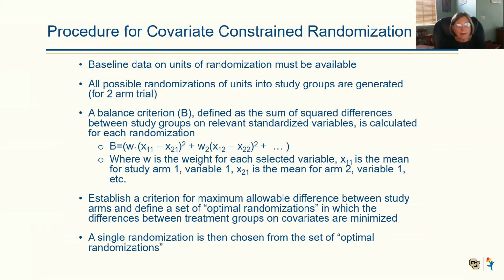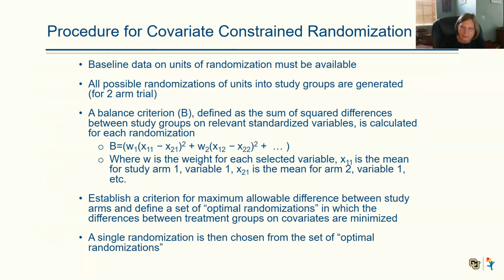And then we define a balance criterion as the sum of the squared differences between study groups on relevant standardized variables, and calculate this balance criterion, and generate all possible randomizations. So you have a balance criterion for every one of these possible randomizations.